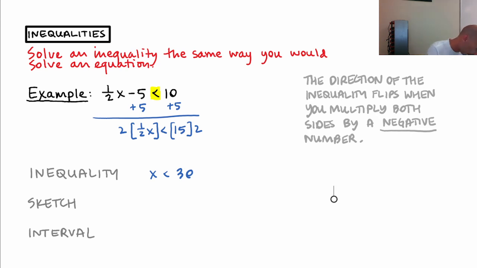Everything where x is less than 30. So there's 30. That's going to be 30 on my number line. Okay, we want everything to the left of 30, but since it's strictly less than 30, we don't actually want 30, because 30 is not less than 30. And so we leave the circle open.